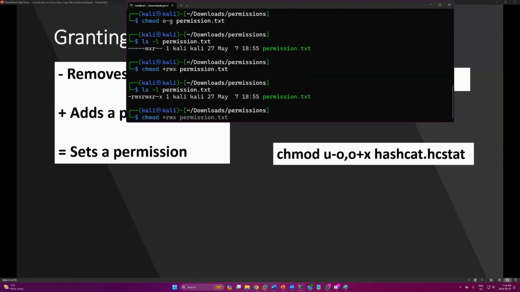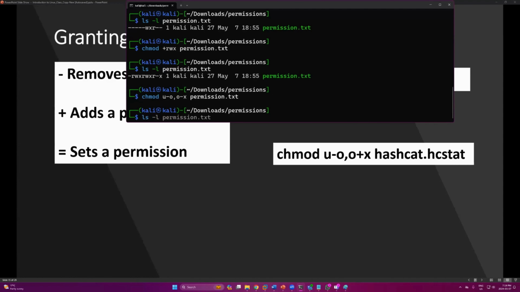We can do u minus o, and then let's say o minus x. And then you cannot put a space in the middle. And then you do permissions.txt.